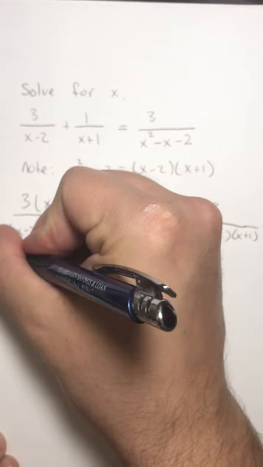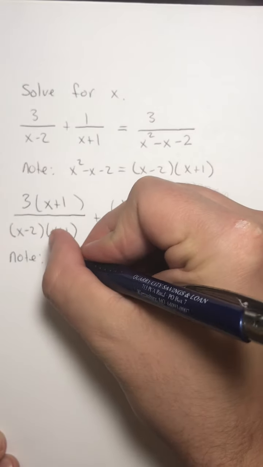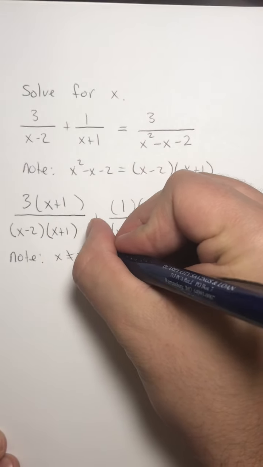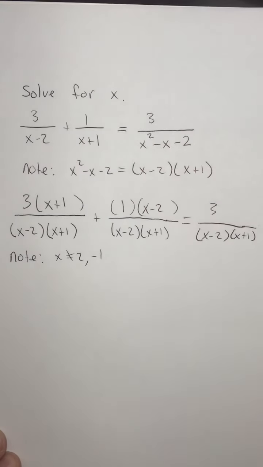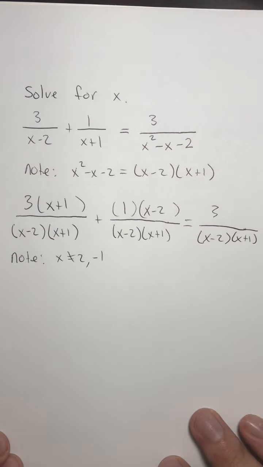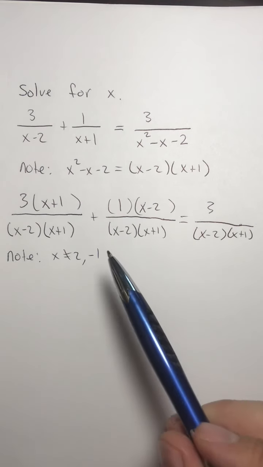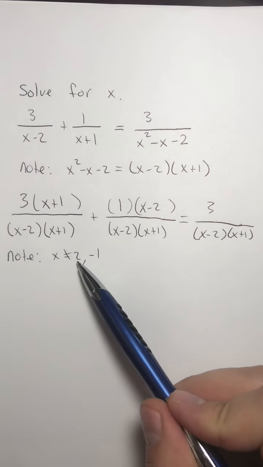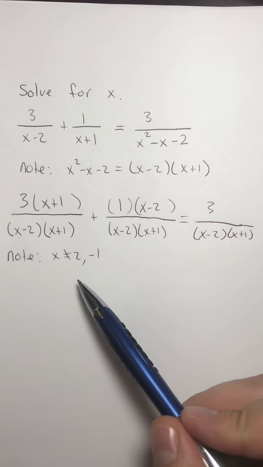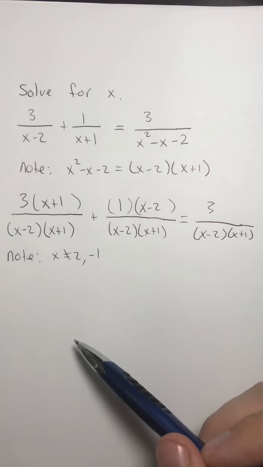So here's where I'm going to note that x cannot equal 2 or -1 because those values would cause division by 0, and 2 and -1 are not in the domain, and we'll talk more about domain when we introduce functions. So if we go through all of this and we get either of these values as a proposed solution, we have to throw them out.